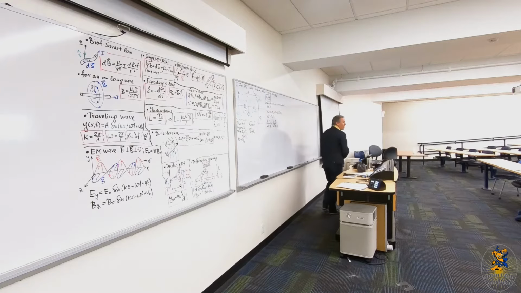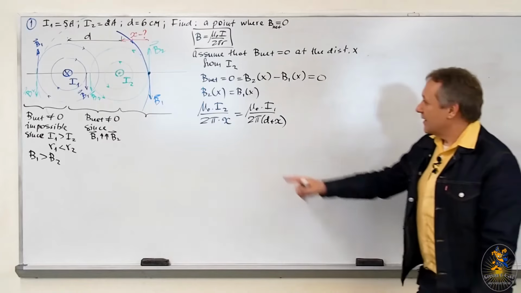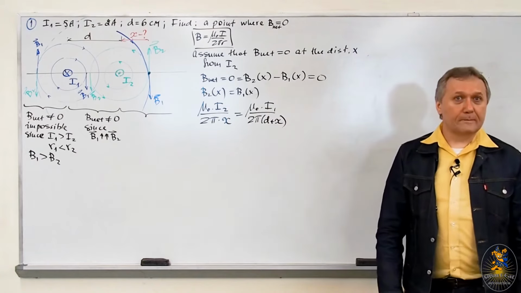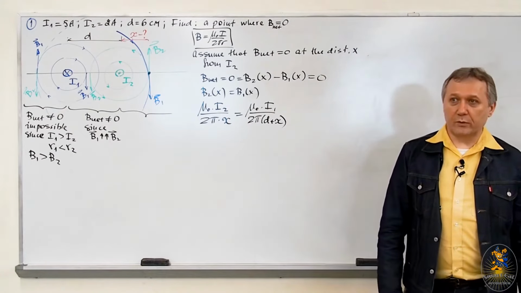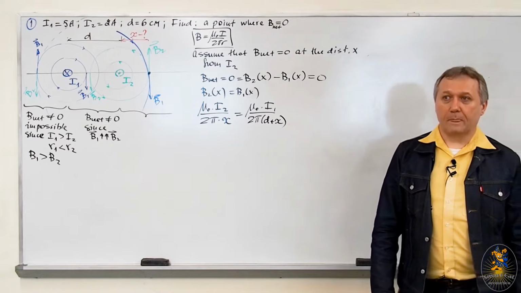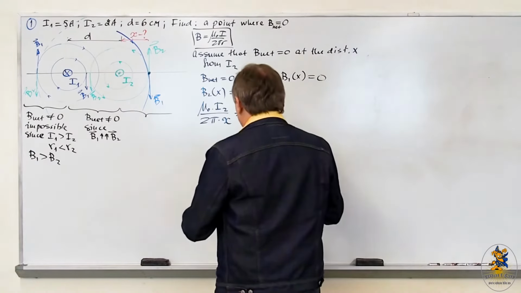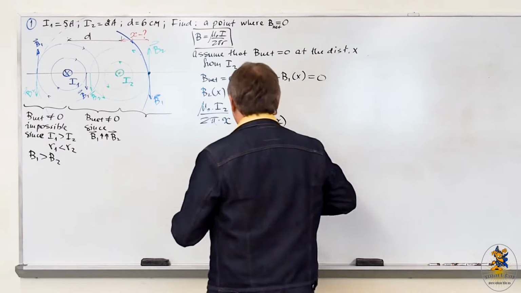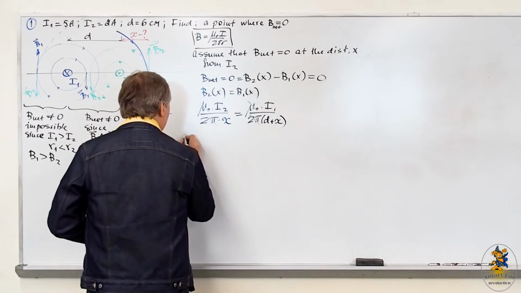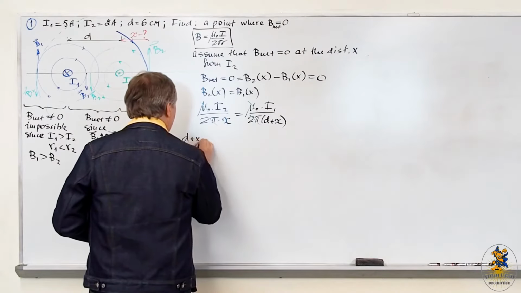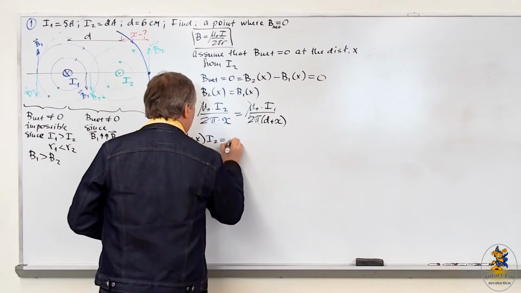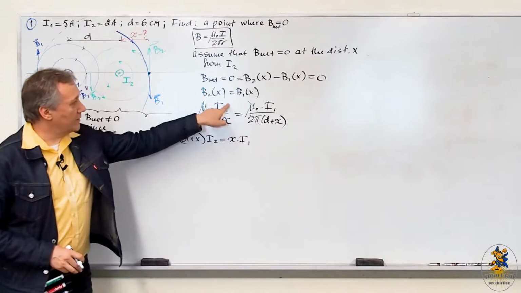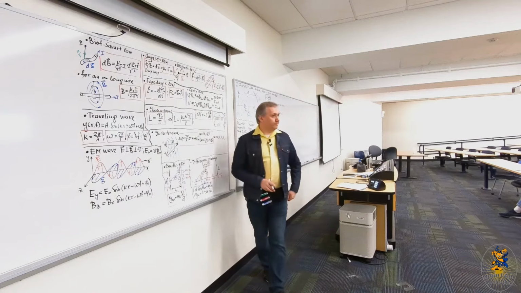Okay, so we have one equation and how many unknowns? Given, given, given, x unknown, one unknown. So we should be able to solve it. So pretty much now it's just a question of solving it for x. So mu naught, of course, can be cancelled. 2 pi also gets cancelled, and as a result we have (d plus x) I2 equals x times I1. So I just multiplied this by that and this by that.